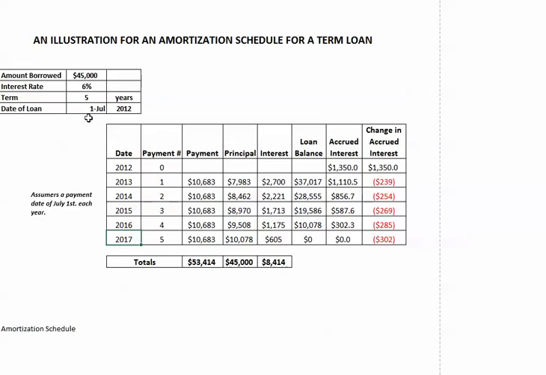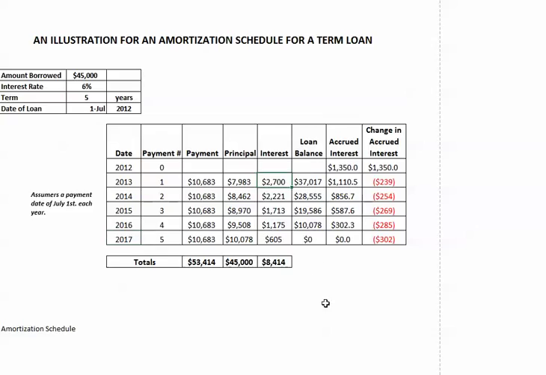Now, since I made the loan July 1, that's half a year, just to keep the arithmetic simple. So how much would that accrued interest be right here in December 31st of 2012? Well, it would be 1/2 of the interest that would be due the next year. Because you know in July 1st, 2013, this is how much interest will be due, that $2,700.